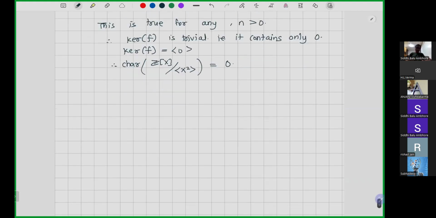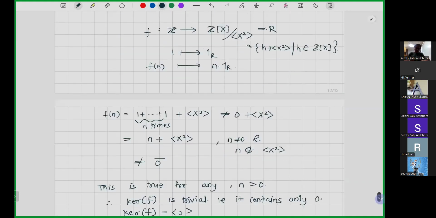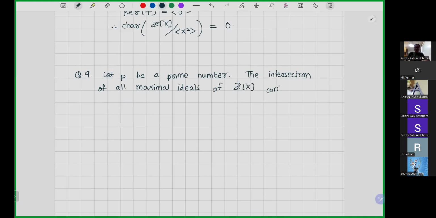Okay, so let us take this. We'll see whether we can. This is question number 9. They are saying that let P be a prime number. The intersection of all maximal ideals of Z[x] containing P is.